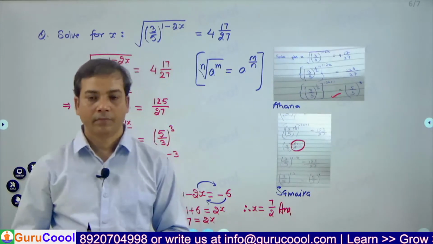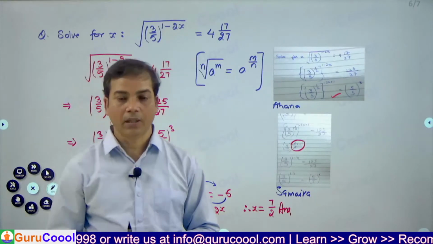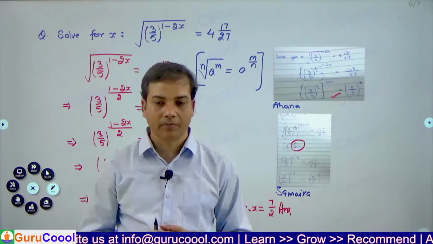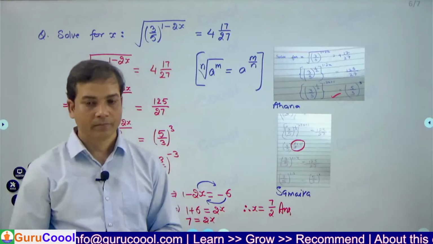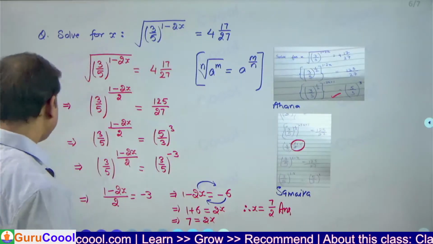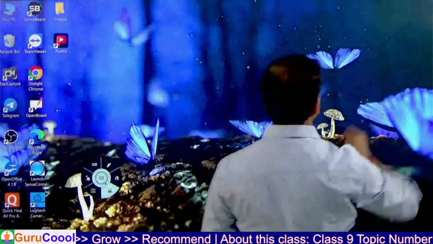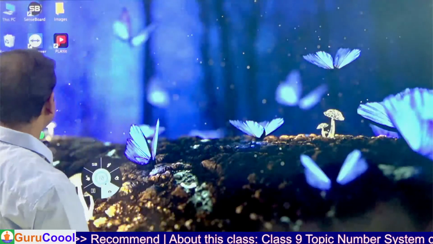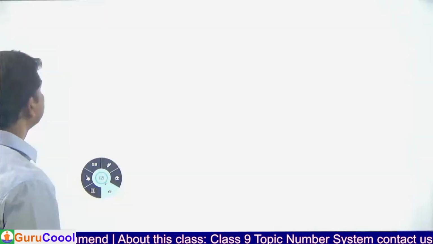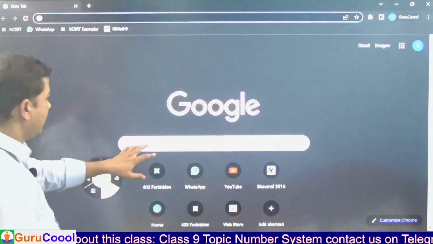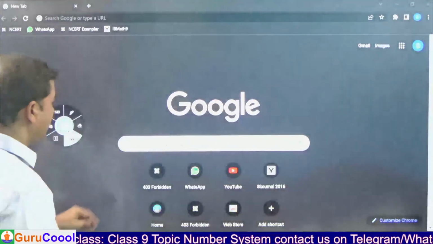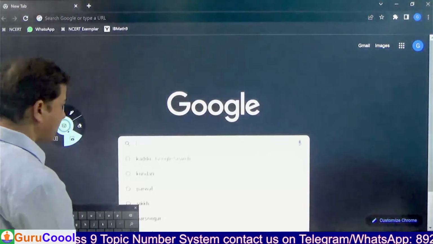No, see, in the NCERT also exponents is given. Or check in your textbook that you follow.